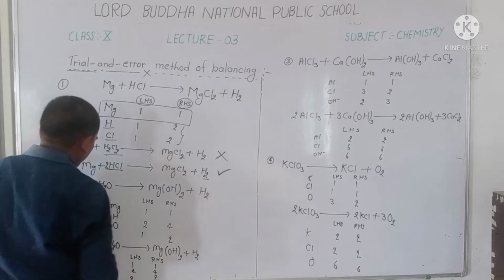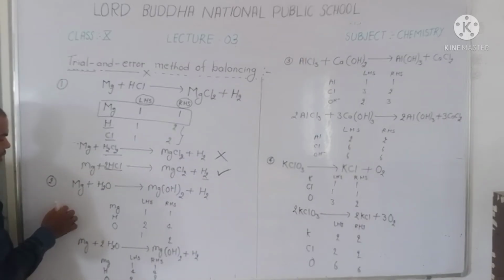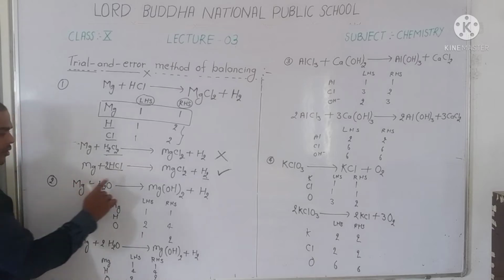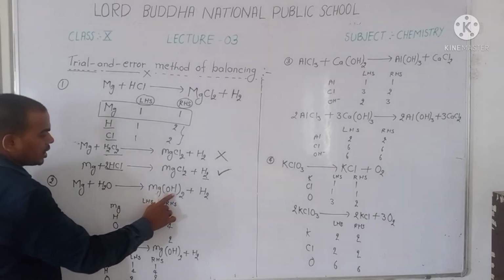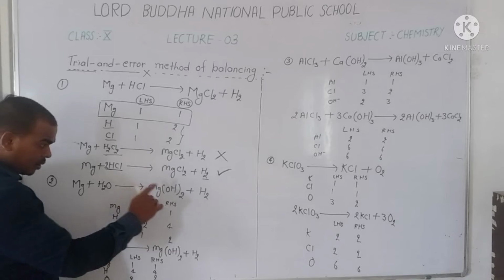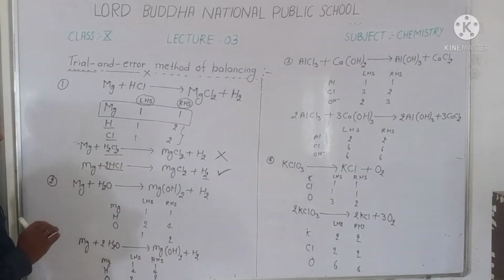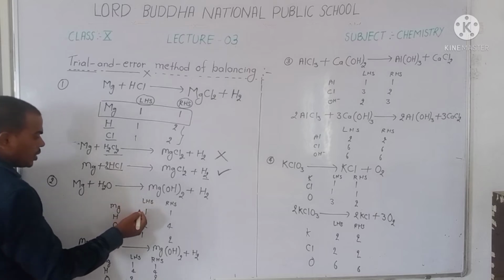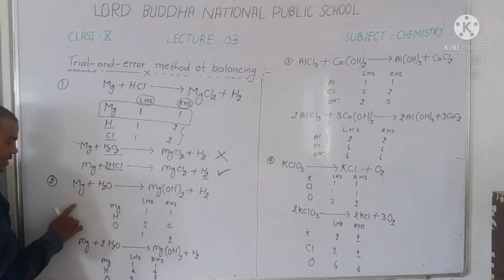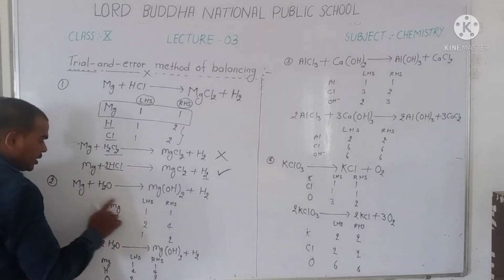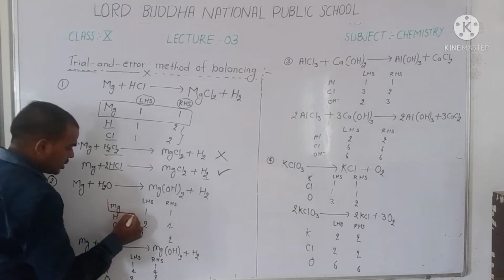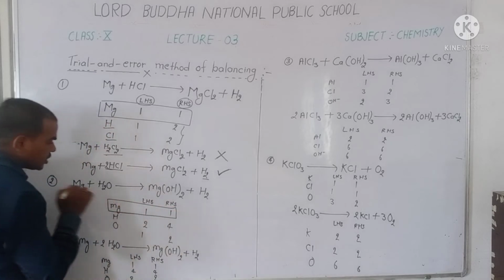Second equation: magnesium plus water react with each other and form magnesium hydroxide and hydrogen gas. Here the number of magnesium on the left side is 1 and on the right side is also 1, so magnesium is balanced in this equation.